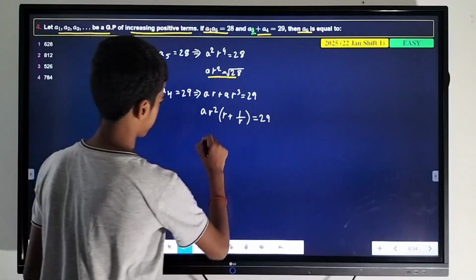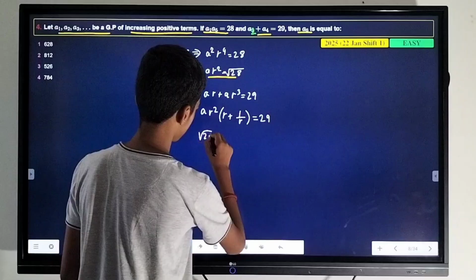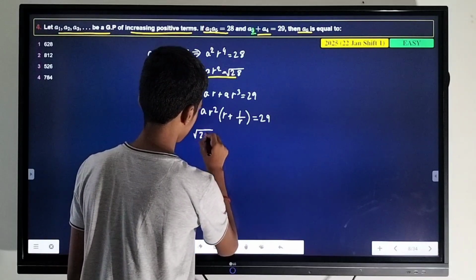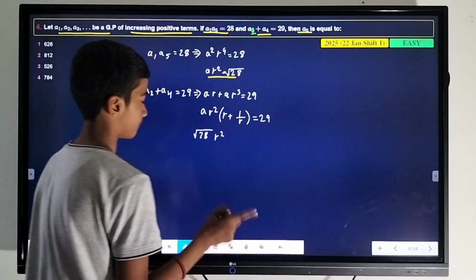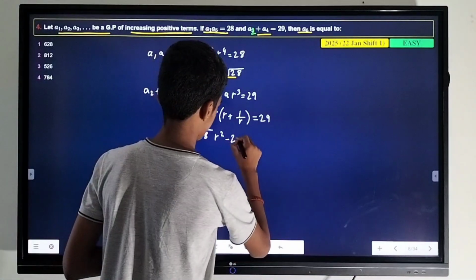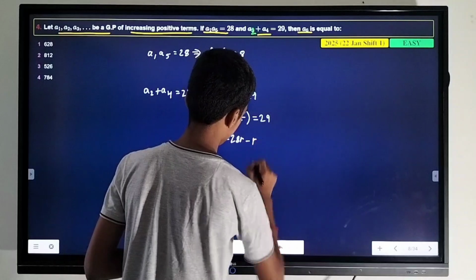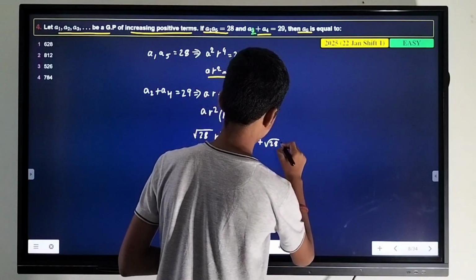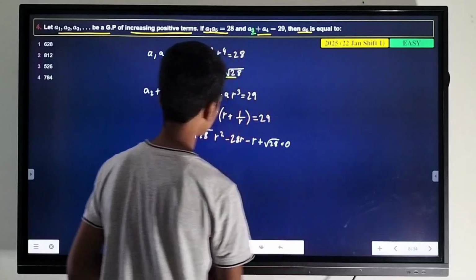Now here we will use ar square. So we will get root 28 r square minus 29r, you can write 29r as 28r plus r, plus root 28 is equal to 0.